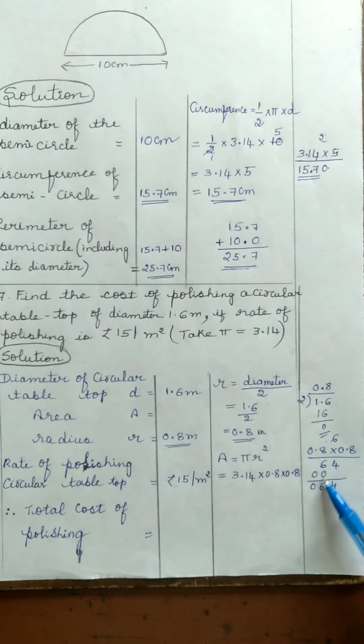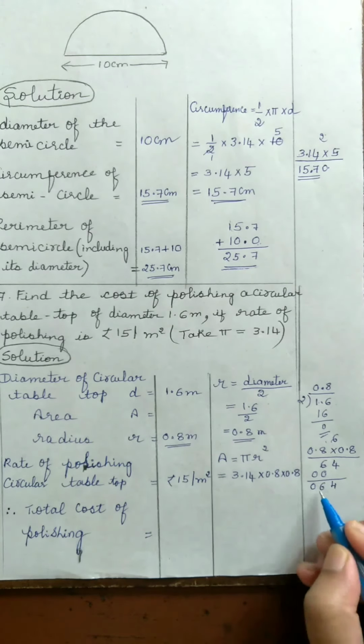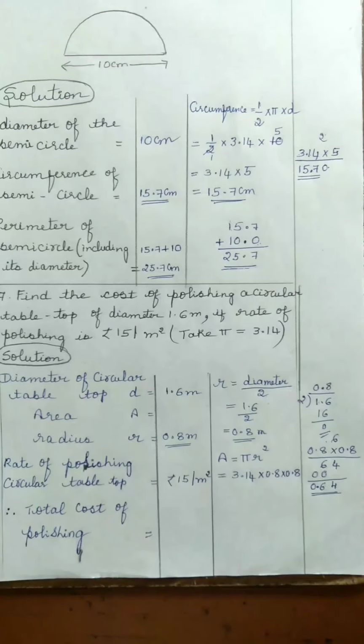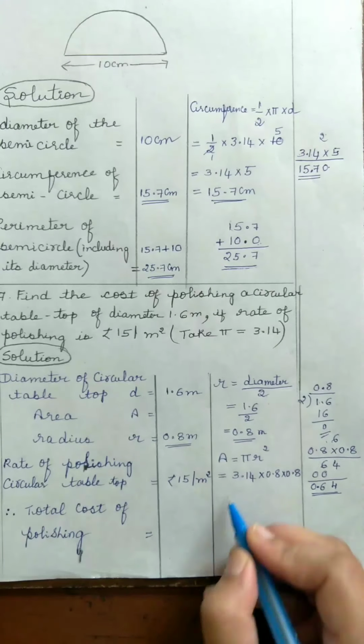So 0 8s are 0, 0 zeros are 0. Therefore 4 6 0. Here after the decimal point we have one digit and again one digit. So 1 plus 1, 2. Therefore in the answer, after 2 digits, put a decimal point. Therefore it will be 0.64.